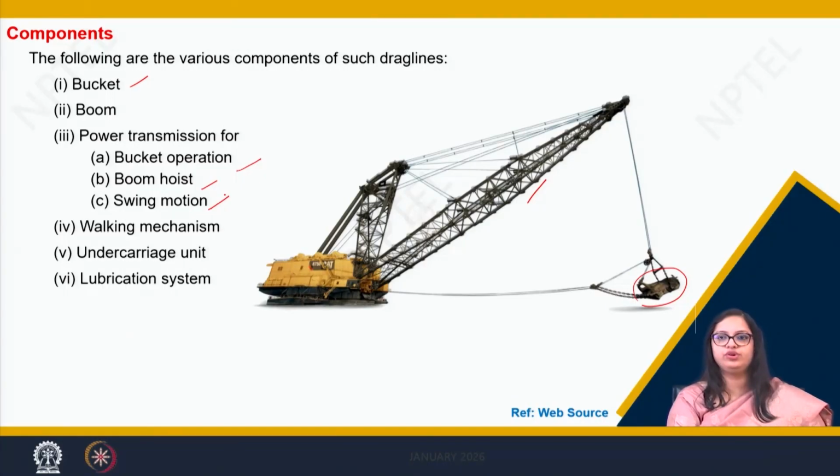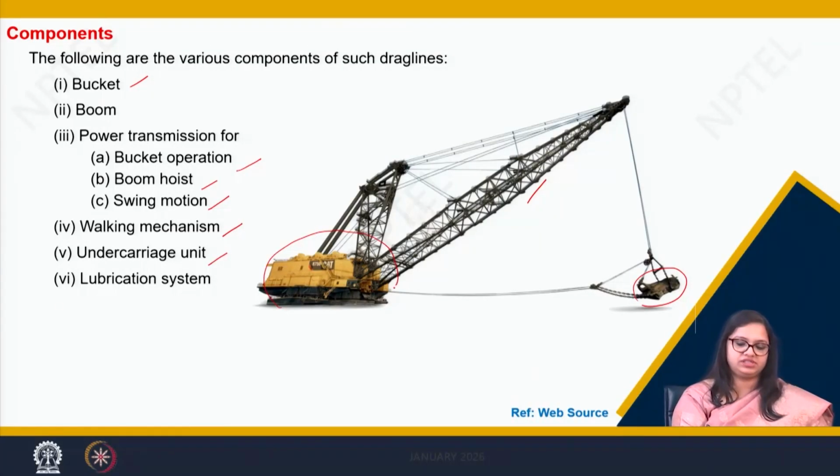I will be showing you an electrically operated drag line which has different motors which help in the different operations required for the functioning of a drag line. It also has a walking mechanism which is very special to a drag line. We can see this kind of walking mechanism only in a drag line, not in any other kind of machine. Then it has an undercarriage unit.